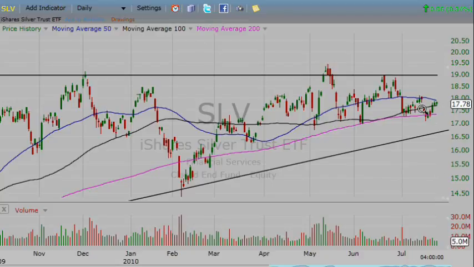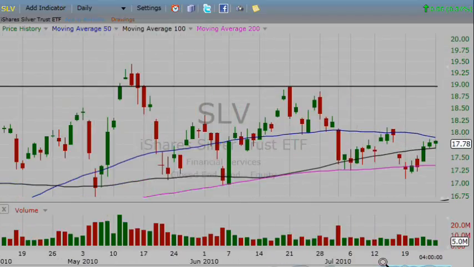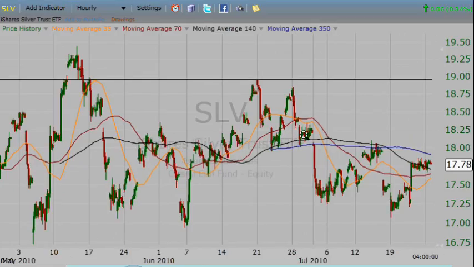And on the moving averages, you have the 50-day moving average with the 200 and the 100 right in this little sandwich, which shows more signs of indecision, and that's normal when you have a range-bound market like we are having right now at this given time frame.